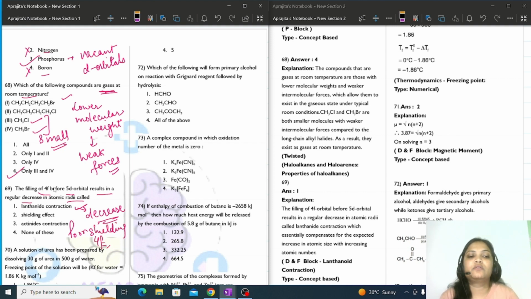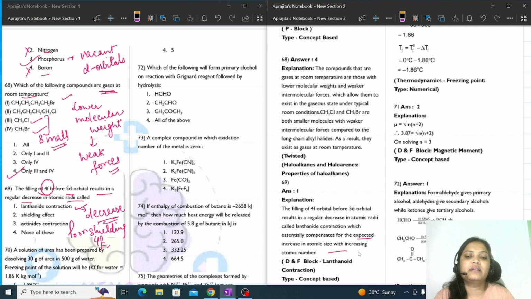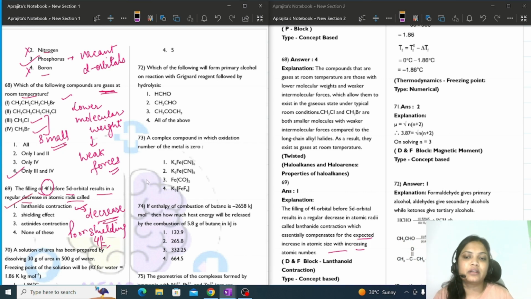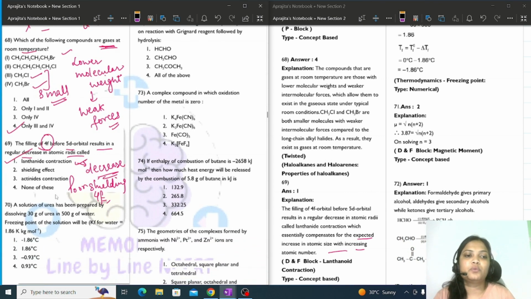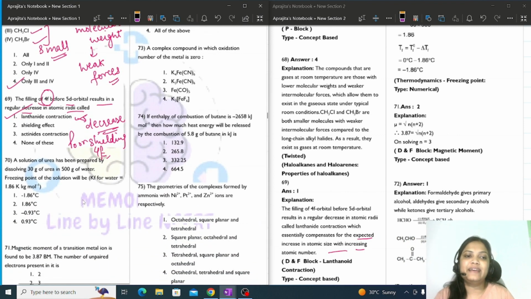Because of the poor shielding by 4f electrons, it compensates for the expected increase in atomic size and results in a decrease in atomic radii. So the process is called lanthanide contraction. It's option number 1.